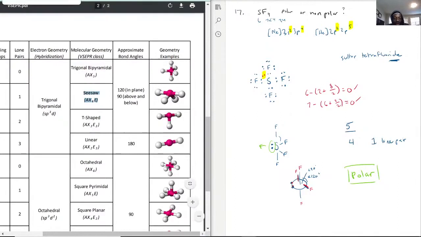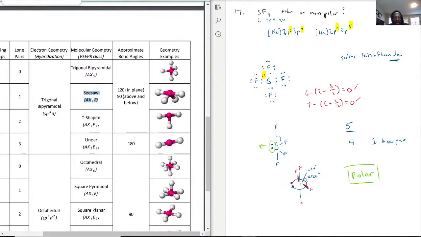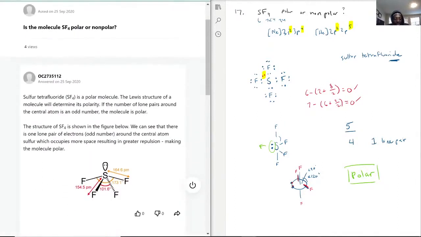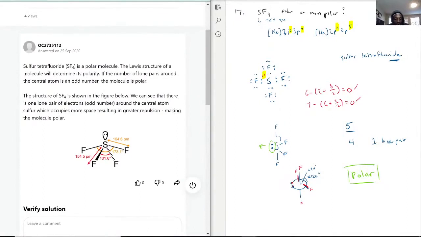So in total, it is going to be polar. And just like that, perfect. It even shows nicely the bond lengths, from F to F. It just shows the total thing: 173.1 degrees.